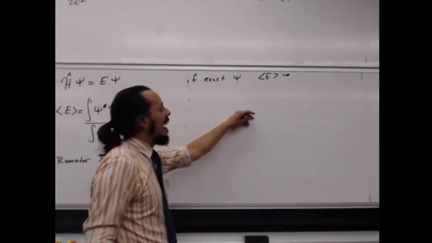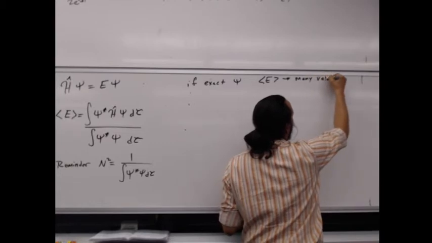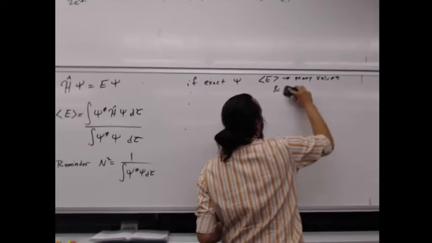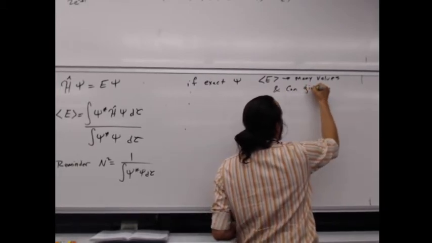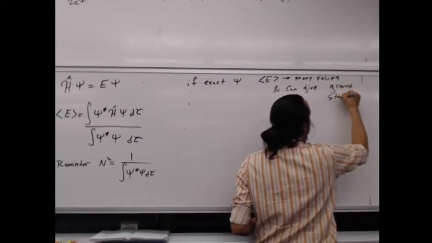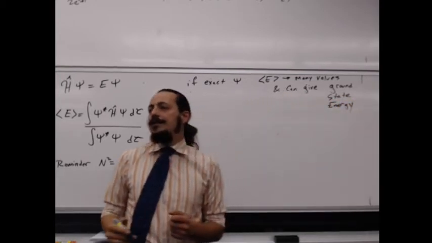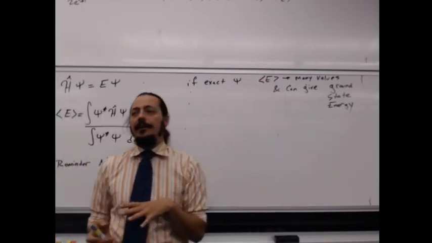If we have an exact psi, our average energy could be many values, and it can be minimized, and we can use it to get the ground state energy. If we're using the ground state wave function, it's going to be the average ground state energy. If we're using excited states, it's going to be the excited state energies.